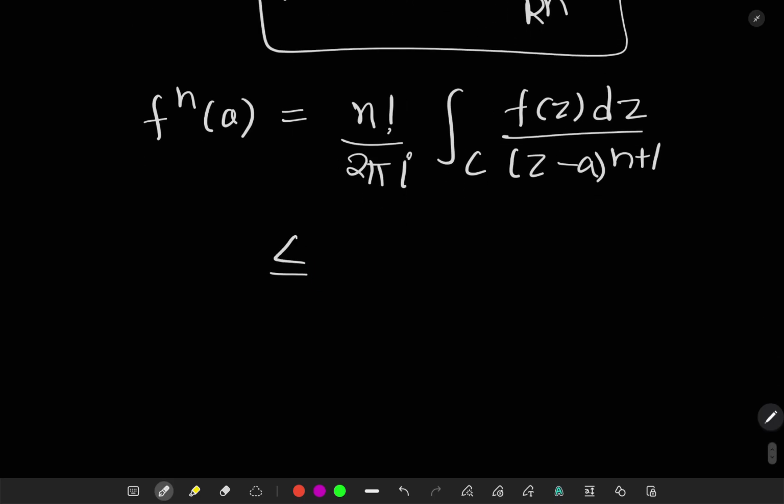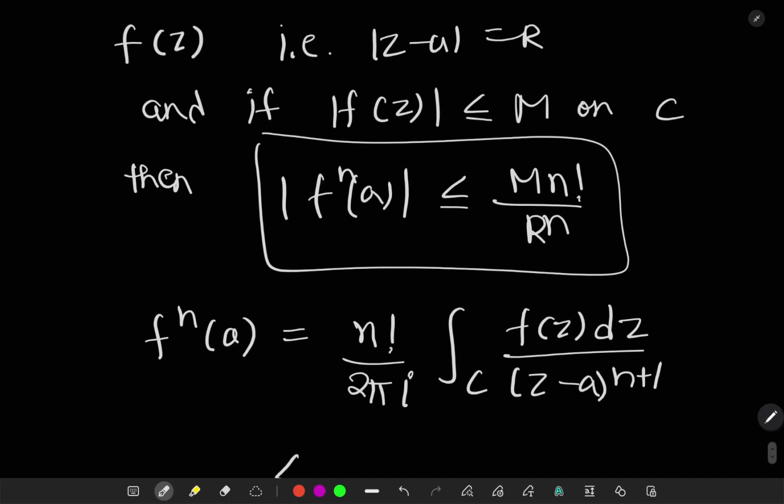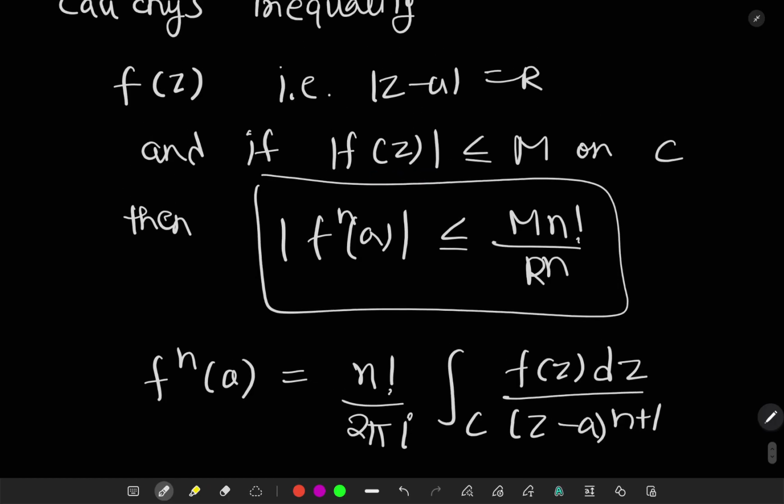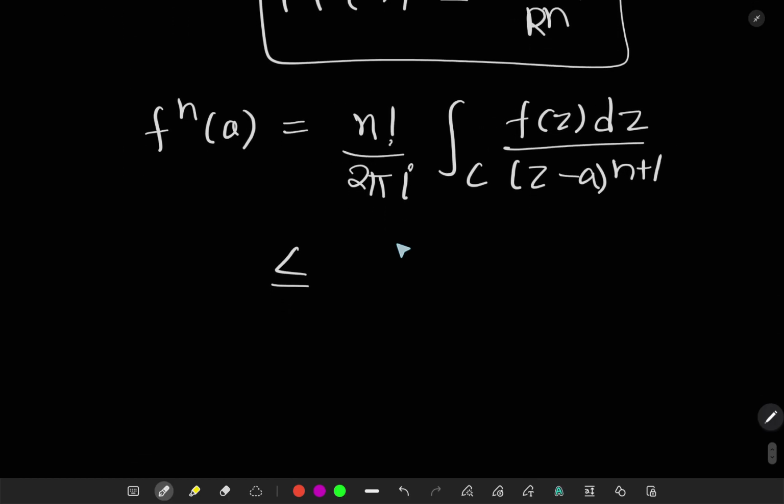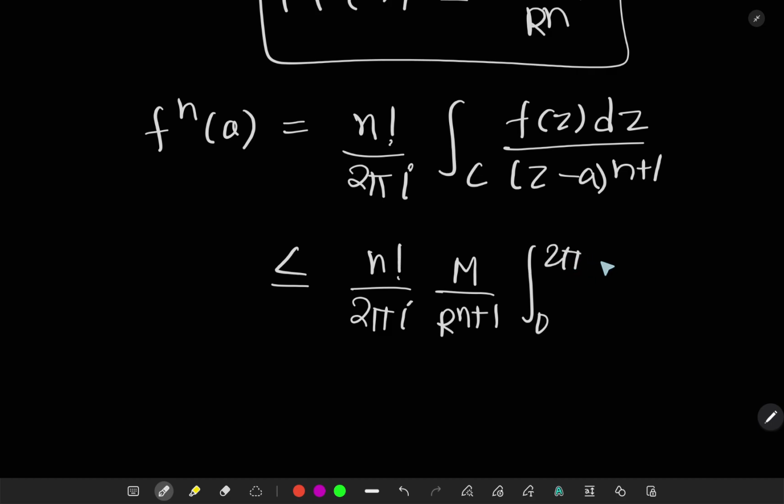Now this value may be ≤ if we put f(z) = M. So we can write n!/(2π) M/r^(n+1) ∫ from 0 to 2π of r dθ.